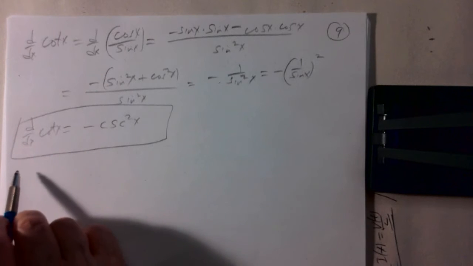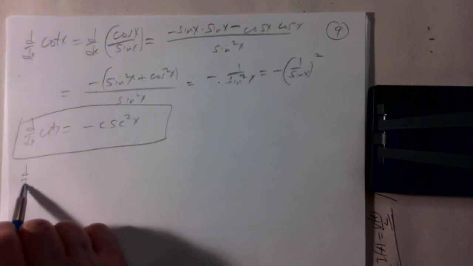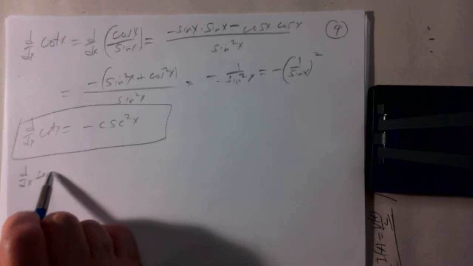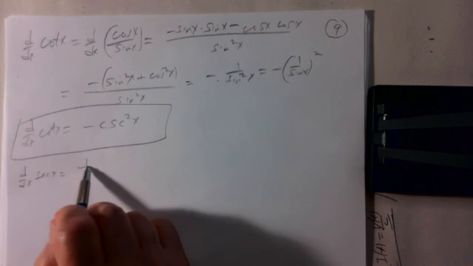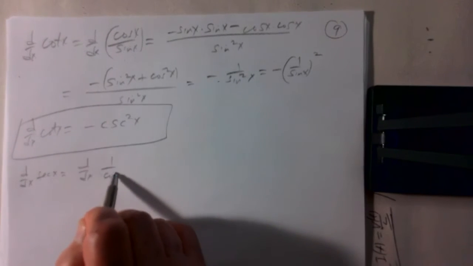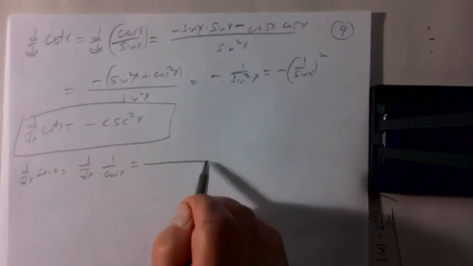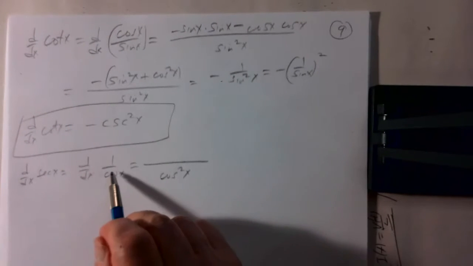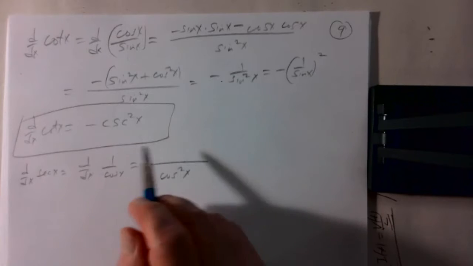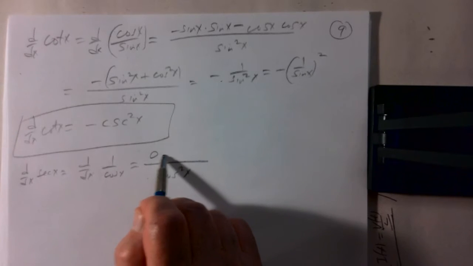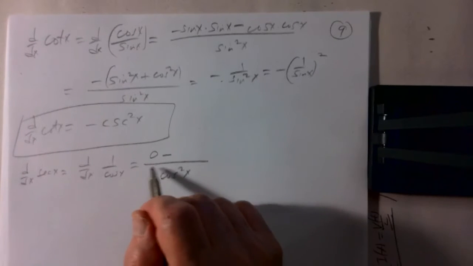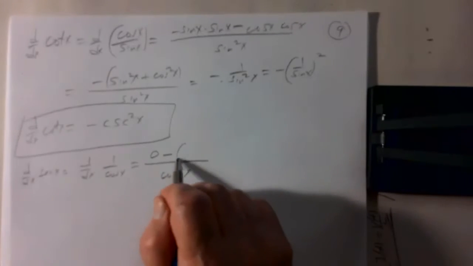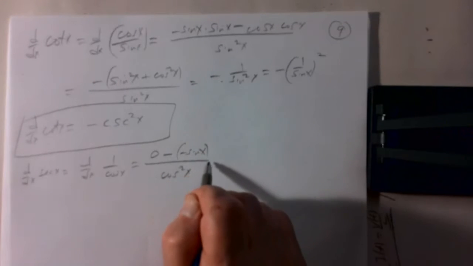Okay, we're left with the secant and the cosecant. What is the derivative of the secant of x? Well, the secant is 1 over the cosine. So by the quotient rule, we get cosine squared x in the denominator. In the numerator, we get the derivative of 1, which is 0, minus the derivative of the cosine, which is minus the sine.